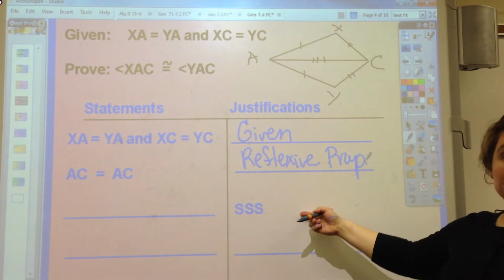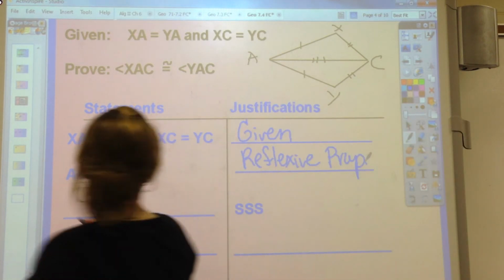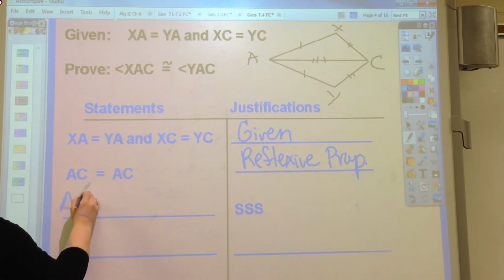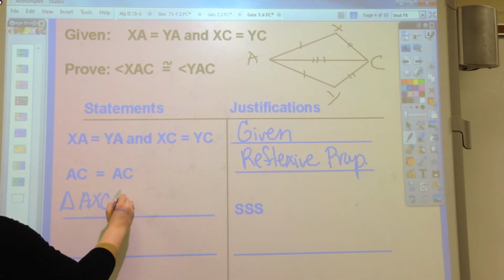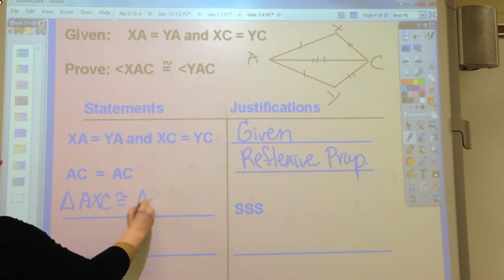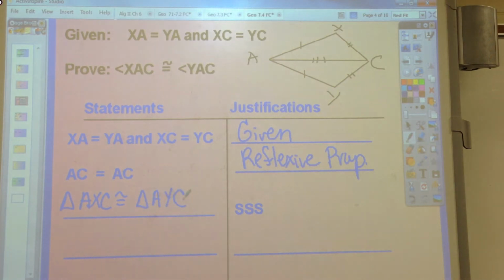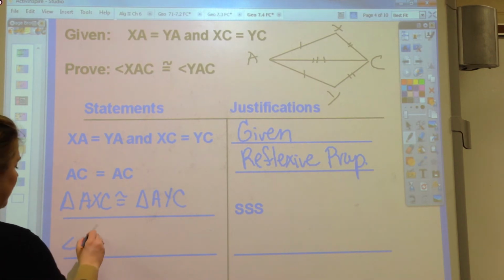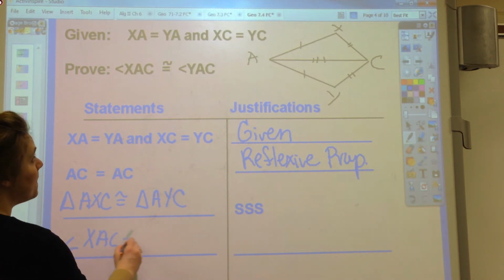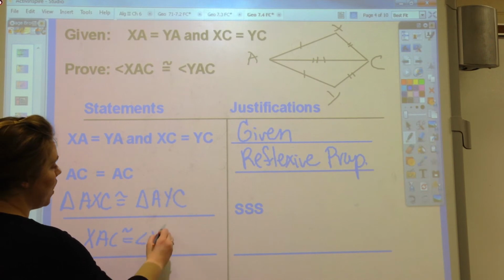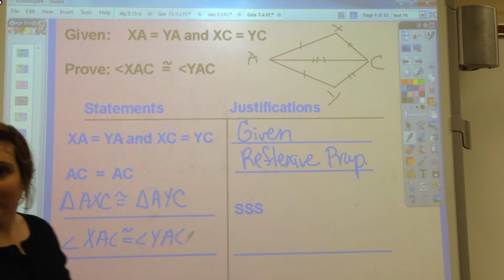And now, what can I say due to the side-side-side theorem? Hopefully, triangle AXC is congruent to triangle AYC due to the side-side-side theorem. Now I can talk about these individual angles. Angle XAC must be congruent to angle YAC because of what theorem?